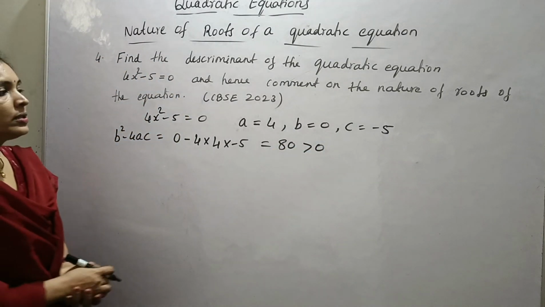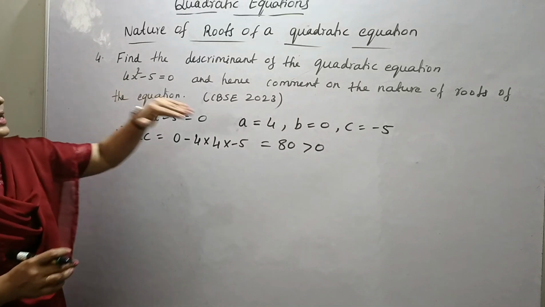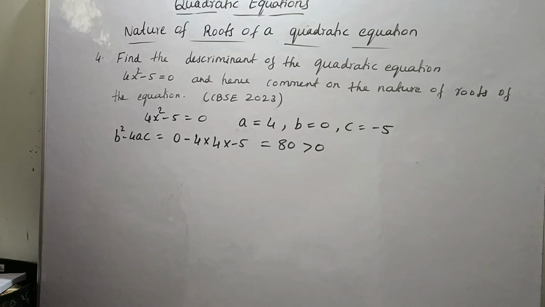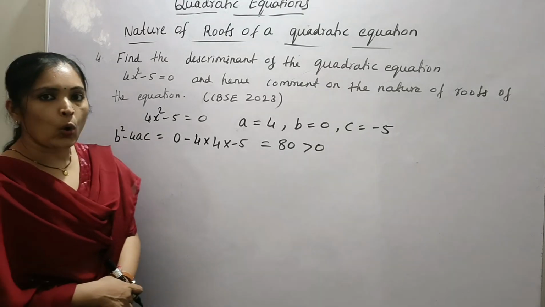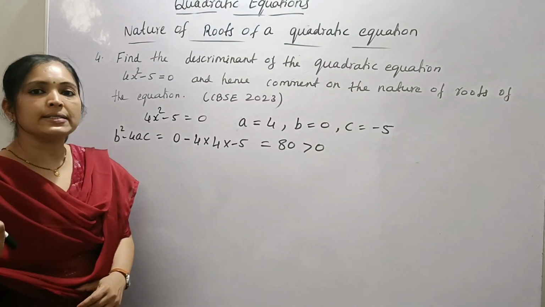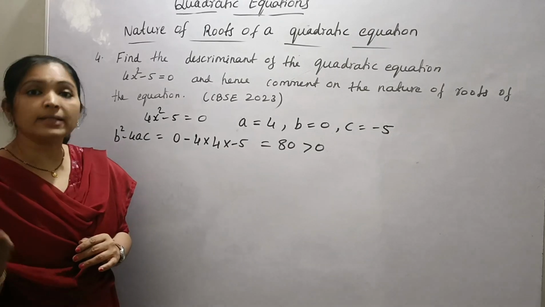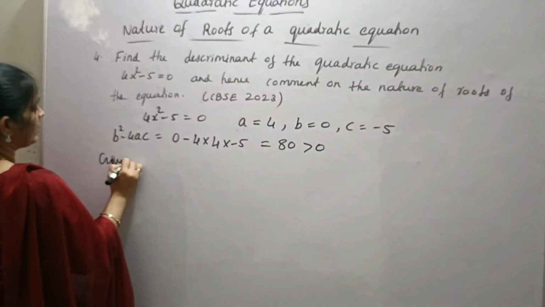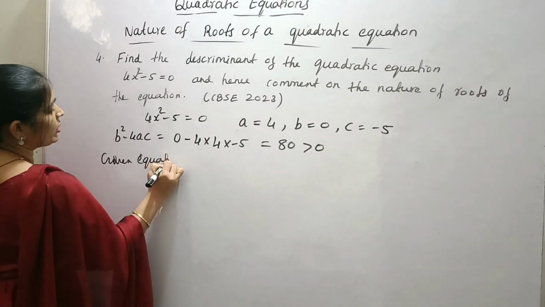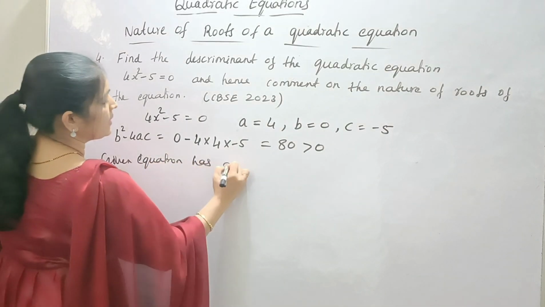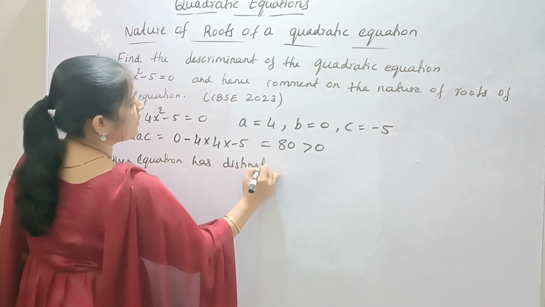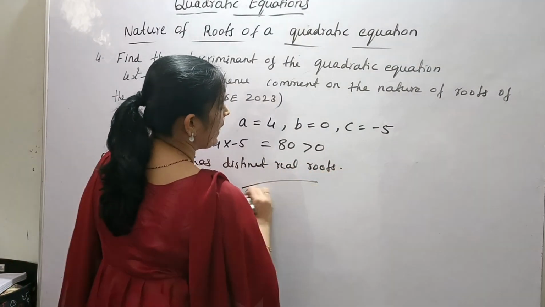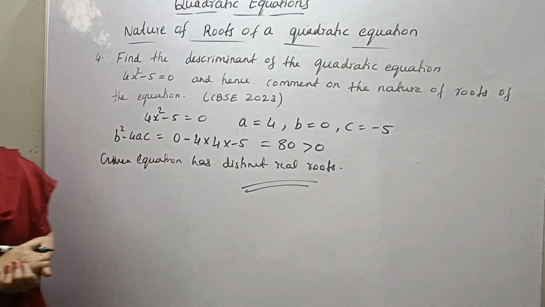So here we have got b square minus 4ac greater than 0. Then we know that if discriminant is greater than 0, then given equation has two distinct real roots. Okay? Therefore, given quadratic equation has distinct real roots. Okay, you will get different real roots.